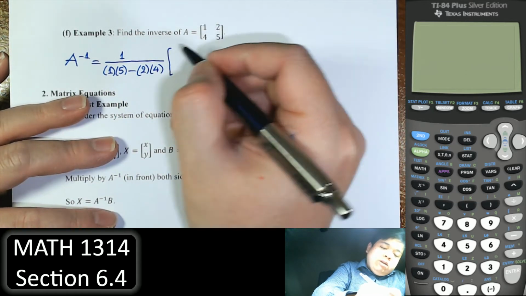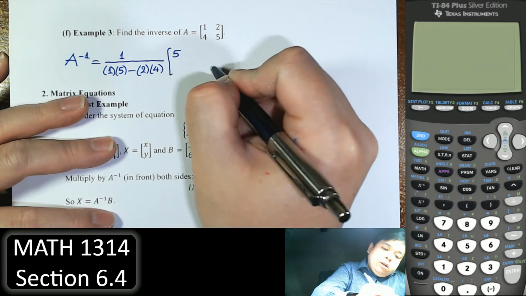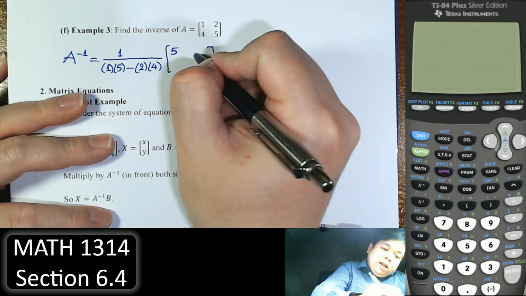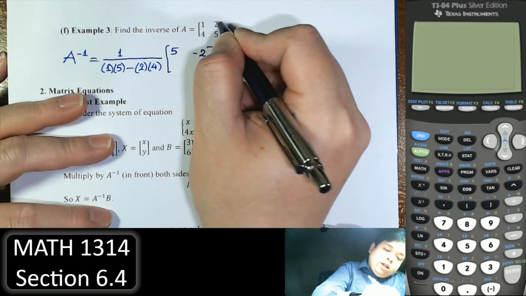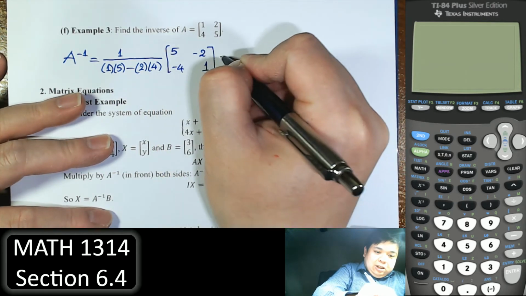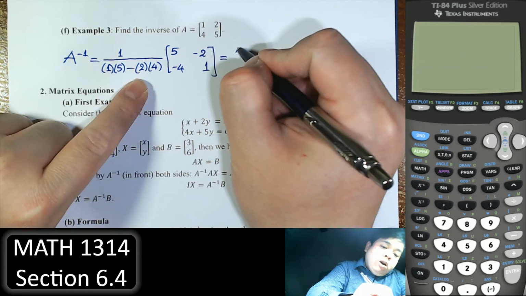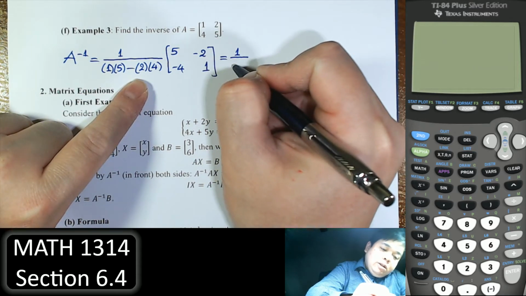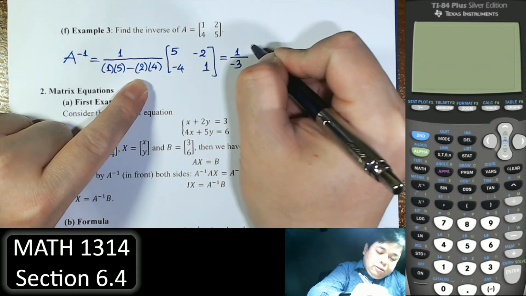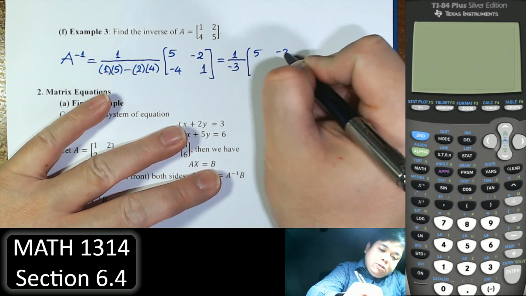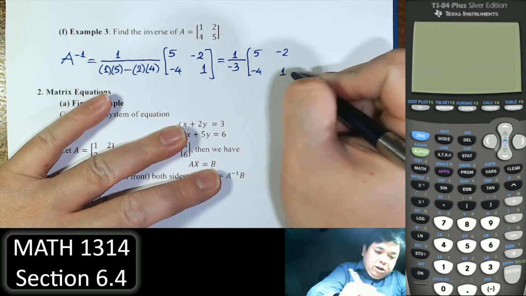And then 1 and 5 interchange places, and 2 and 4 change the sign. Right, so we have 1 over 5 minus 8, so 1 over negative 3. And then we just have 5, negative 2, negative 4, and 1.